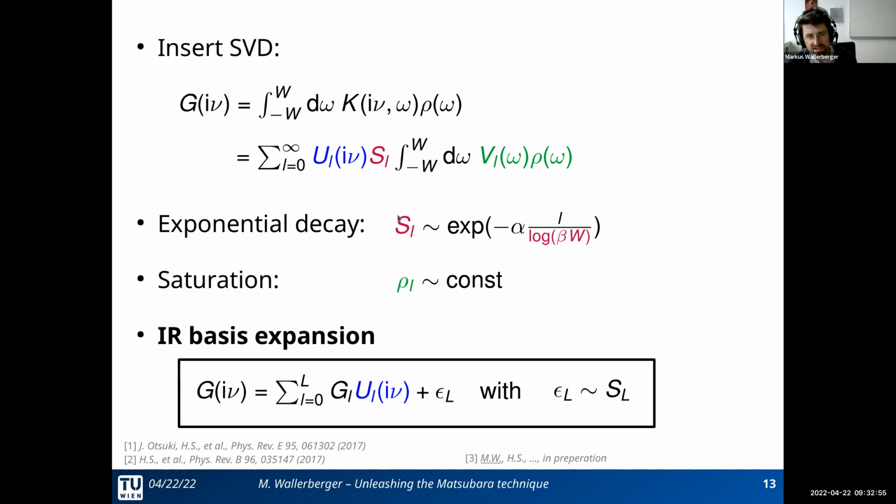Now what turns out, part of it you can show analytically, part of it you can show numerically, is that the singular values decay, and we showed this before, exponentially fast. And with the scaling, that depends on your bandwidth and your temperature, but only very mildly, only logarithmically.